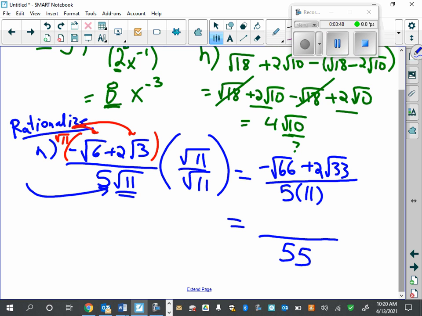Can you simplify 66? Yes or no? I really want to, but 6 times 11 doesn't work. Technically, you could see this with the radical 33 first, the smaller radical first, but that's the perfect answer for me.